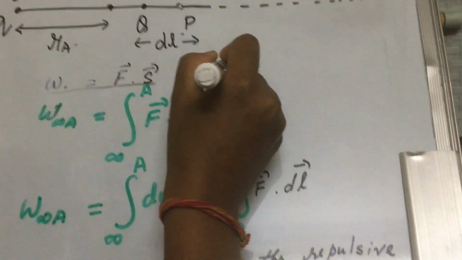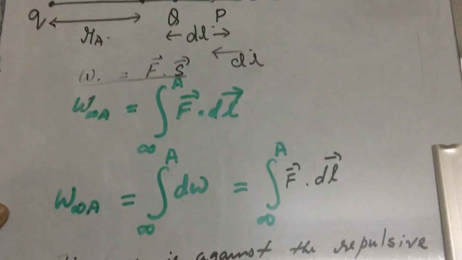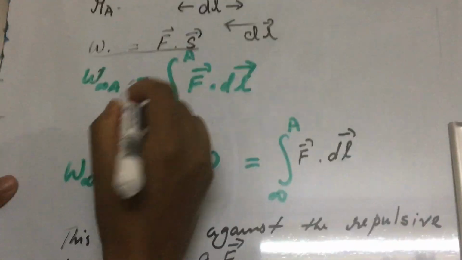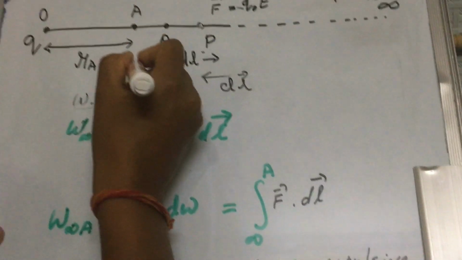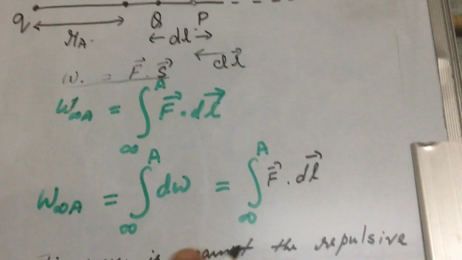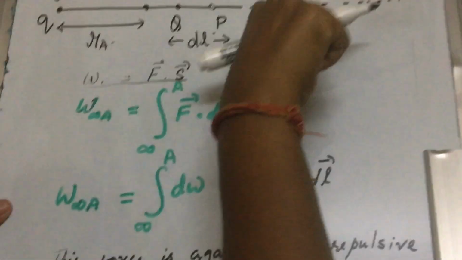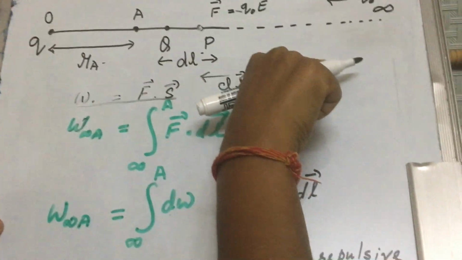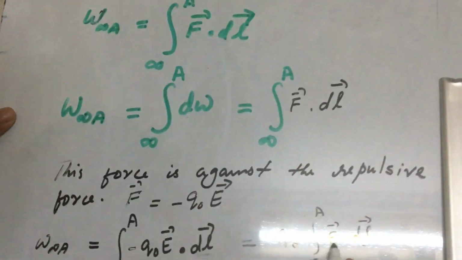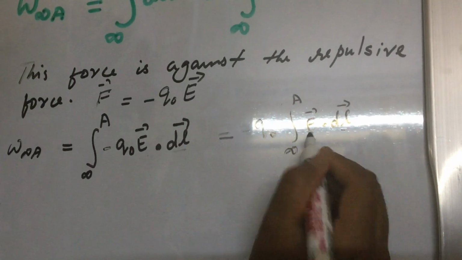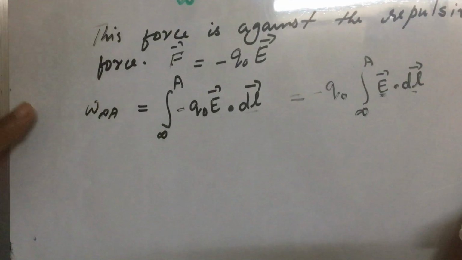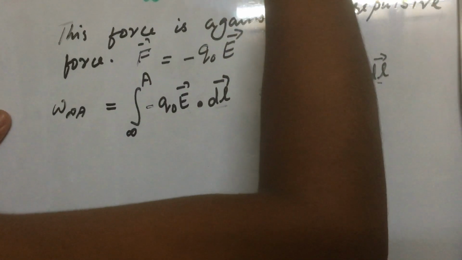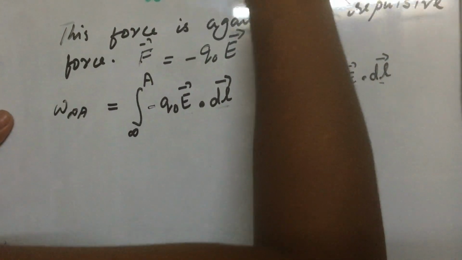The direction of dl is along this one, right or not? dl is brought this way. Which direction are we supposed to take? Opposite direction is positive, right?